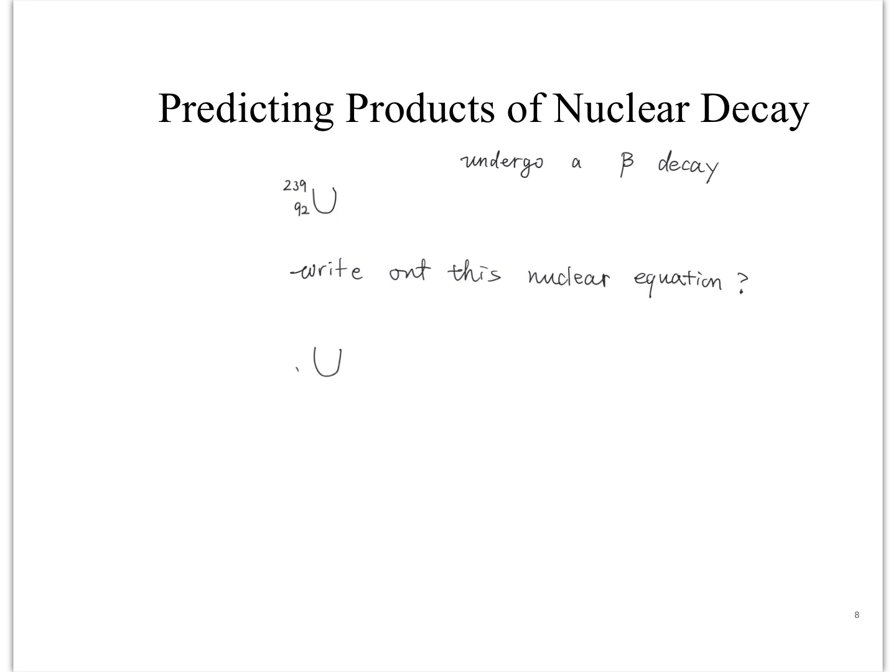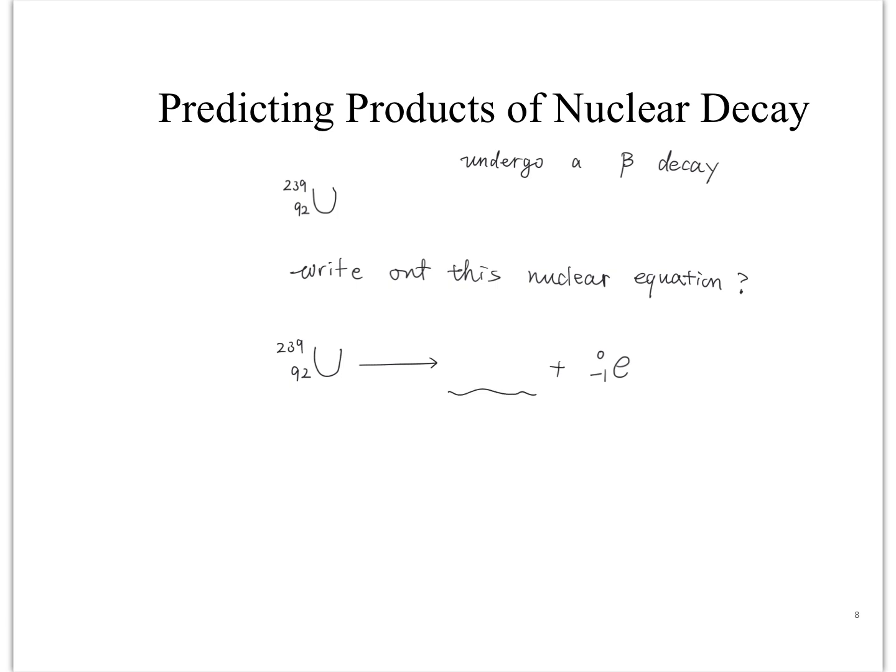So this is our starting nuclide. Now we are going to let it undergo a beta decay, meaning what? You are going to have an electron as a product. So now what we want to figure out is what is in here.